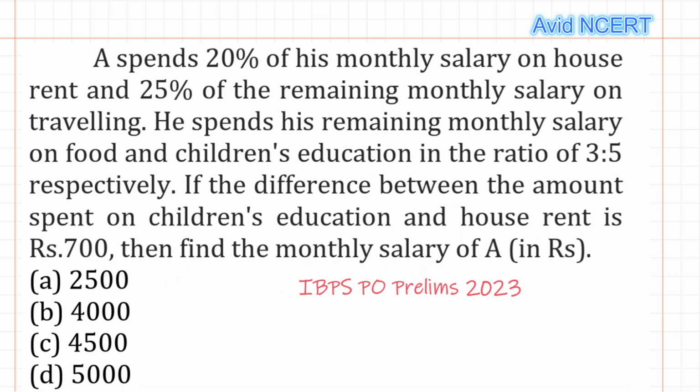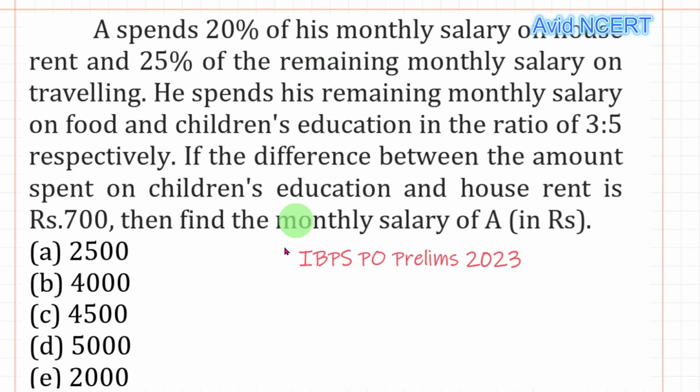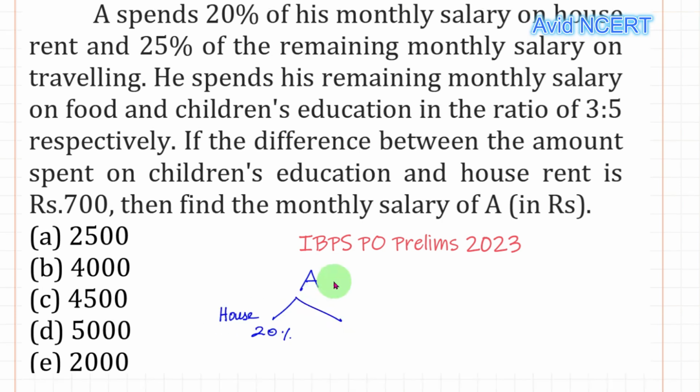So, from the first sentence, A spends 20% of his monthly salary on house rent. Taking the total as 100% for now, 20% is spent on house rent, so the remaining 80% is there.